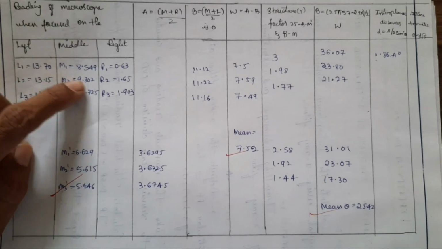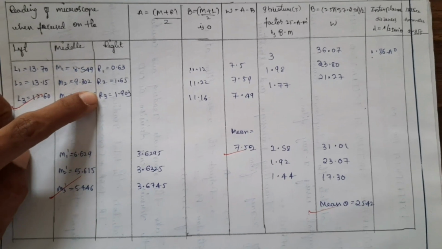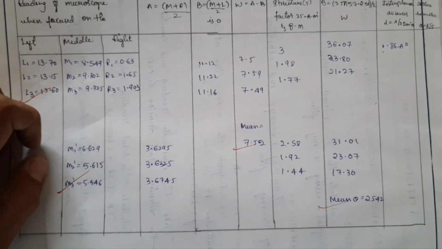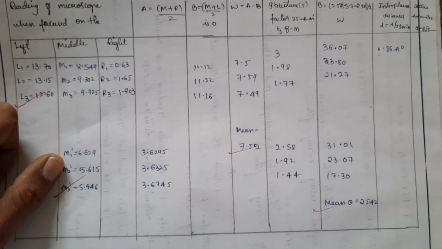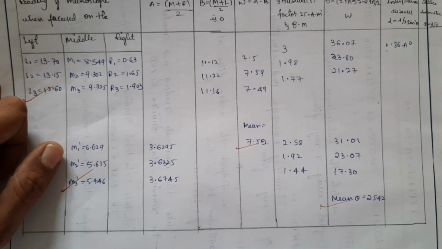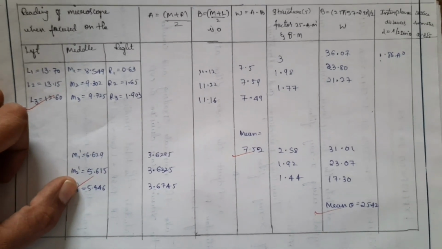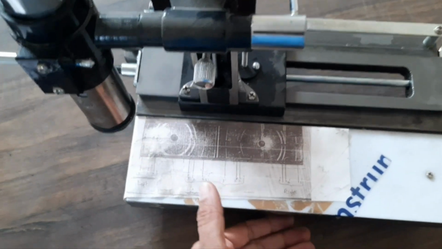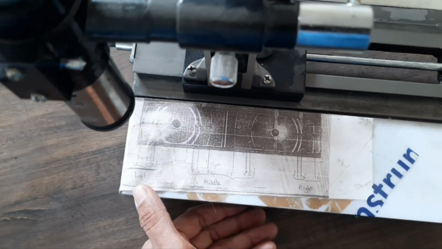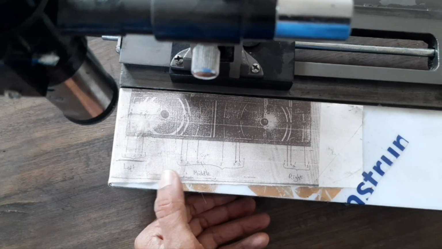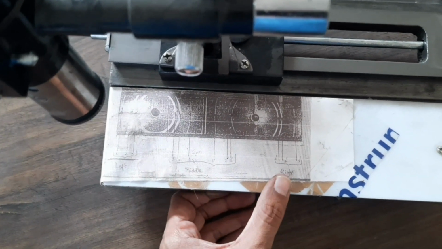So M2, M3 middle lines, right lines R1, R2, R3. For the middle lines you have two different sets, M1 prime, M2 prime and M3 prime, which you should also note down. You have to repeat the same procedure for calculating the total reading for the middle and right lines also.